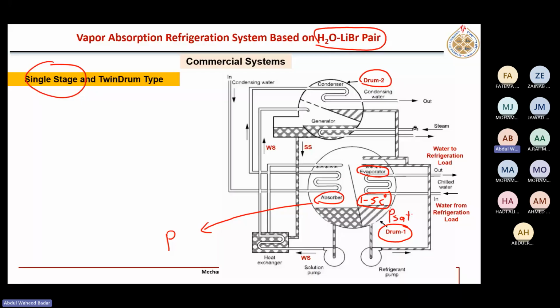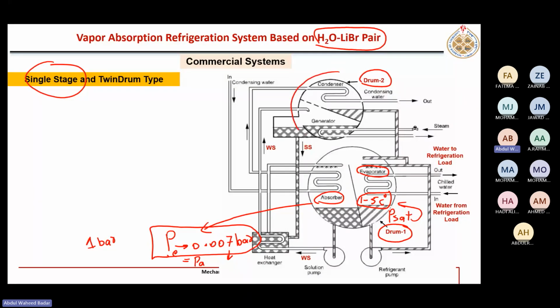It is the saturation pressure corresponding to this temperature, and it is very low, less than 1 bar, in the range of 0.007 bar. You can see it's a very, very low pressure compared to atmospheric. This is the pressure in the evaporator, which equals the absorber pressure.